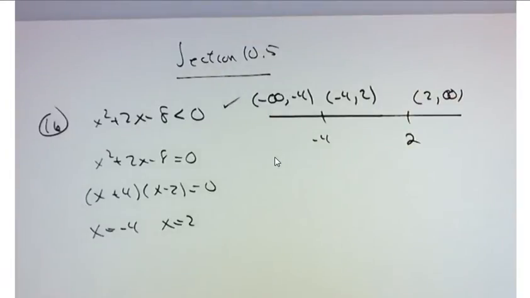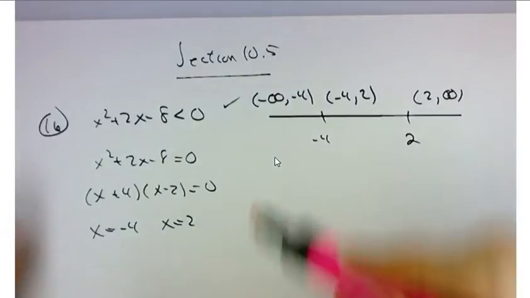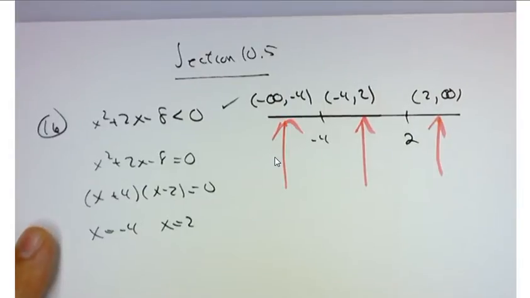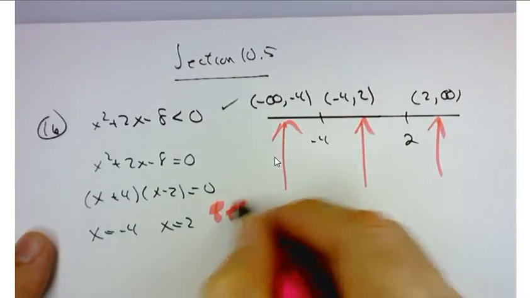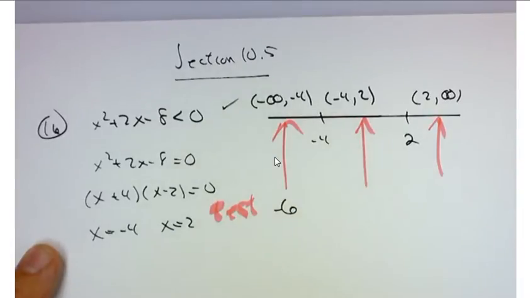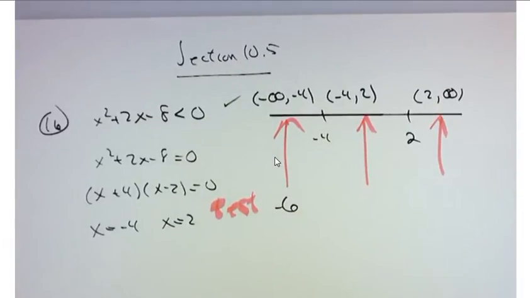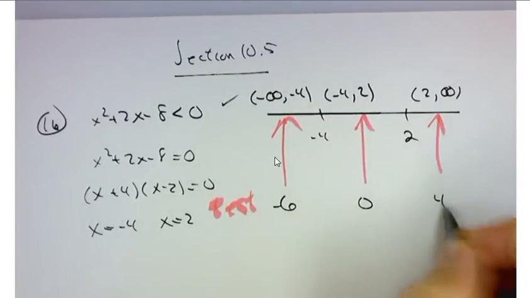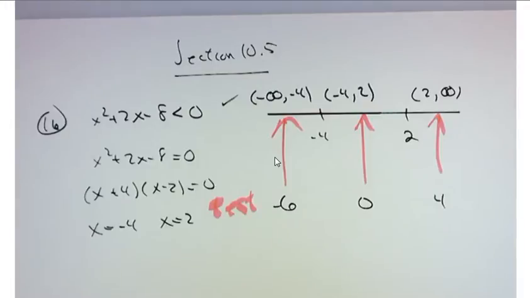Lisa, what would be some good test points? I need some points in each of these intervals. All right. So -6, 0, excellent choice, and 4. Sure. Cool. So whatever points in these intervals you want, but as we did with the last one, I suggest you kind of make it easy on yourself.